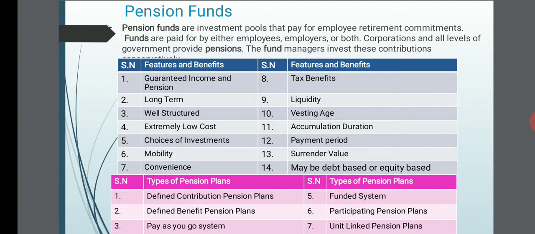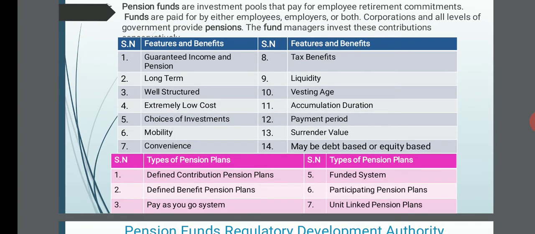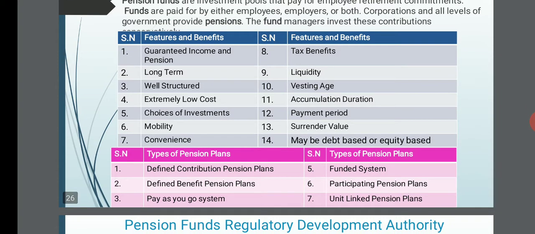Then features and benefits are guaranteed income and pension. Long term, it is well structured, extremely low cost of investment, choices of investments are huge, mobility of payment is there, convenience is there, tax benefits are there, liquidity issues can be sorted out. Then there are vesting age, accumulation duration, payment period, surrender value, and it may be debt based or equity based.